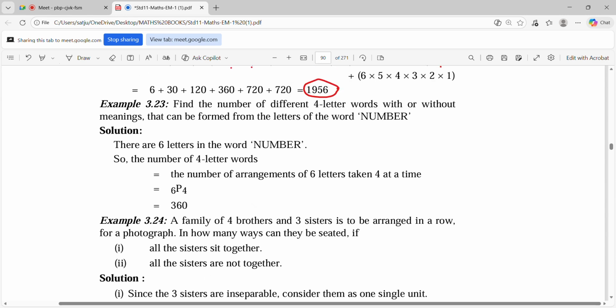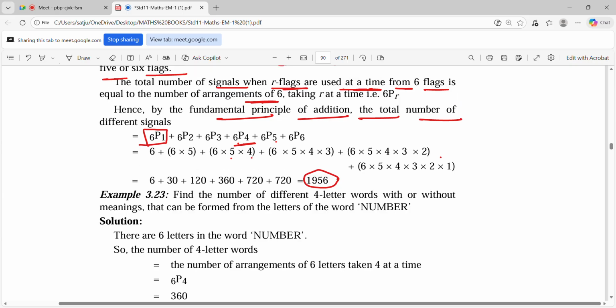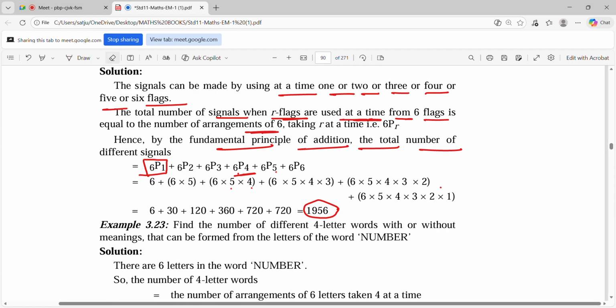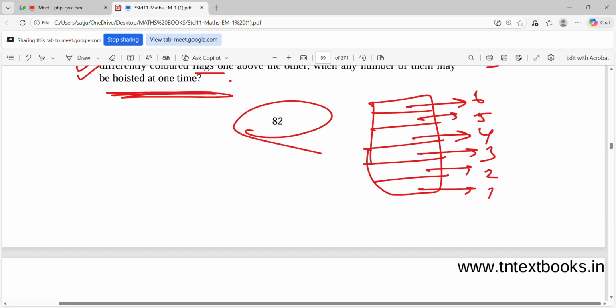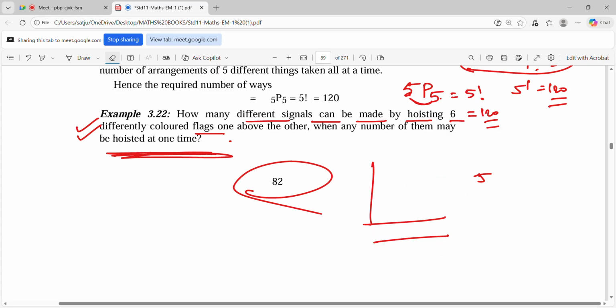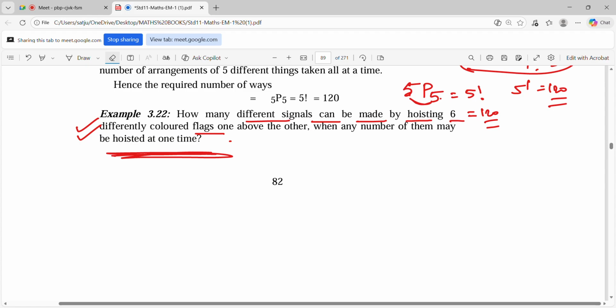Next, this one. So now let me show you the question again. See the question carefully. You mark these things in your notes, page number 82. See the question carefully.